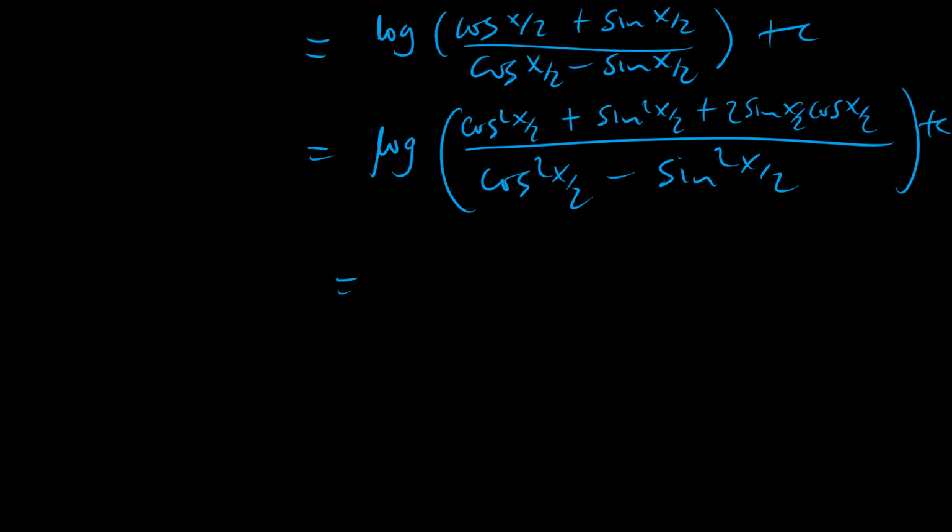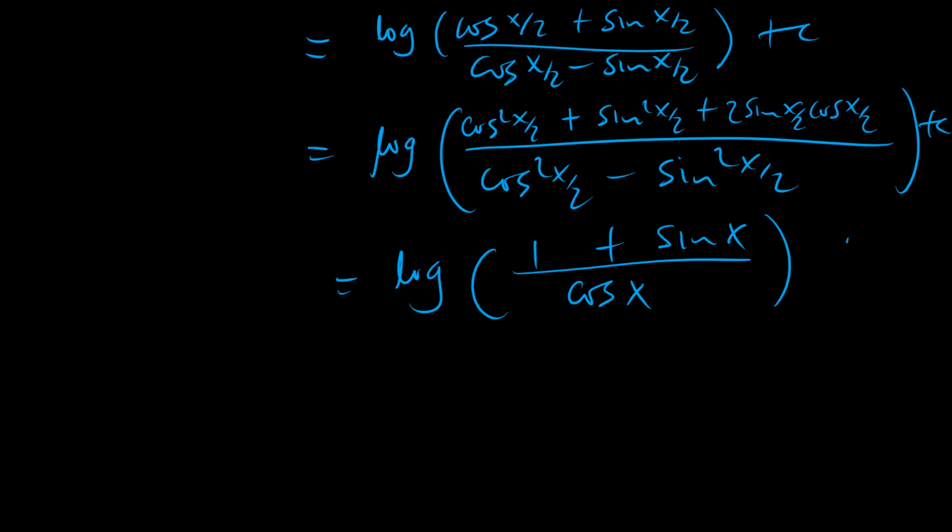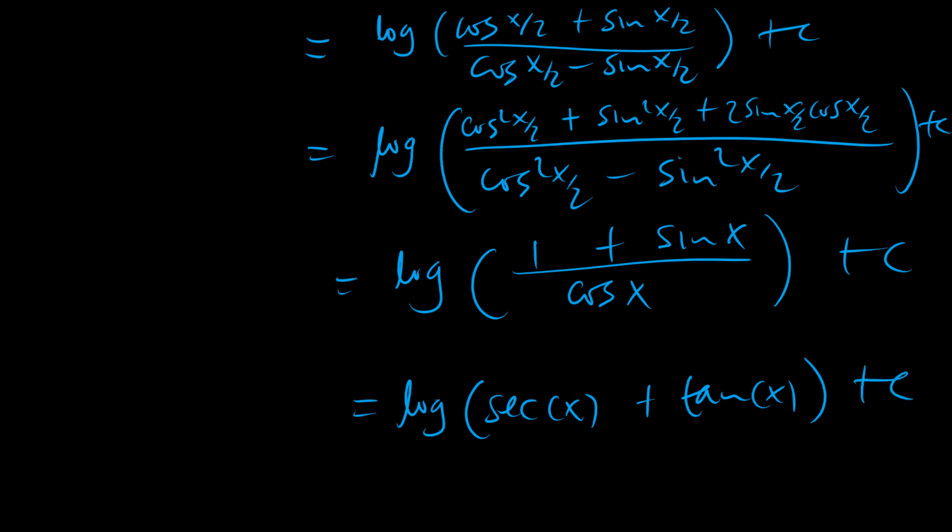So this becomes 1 plus sine x over cosine x plus c, which is log of sec of x plus tangent of x plus c. And that kind of proves that.